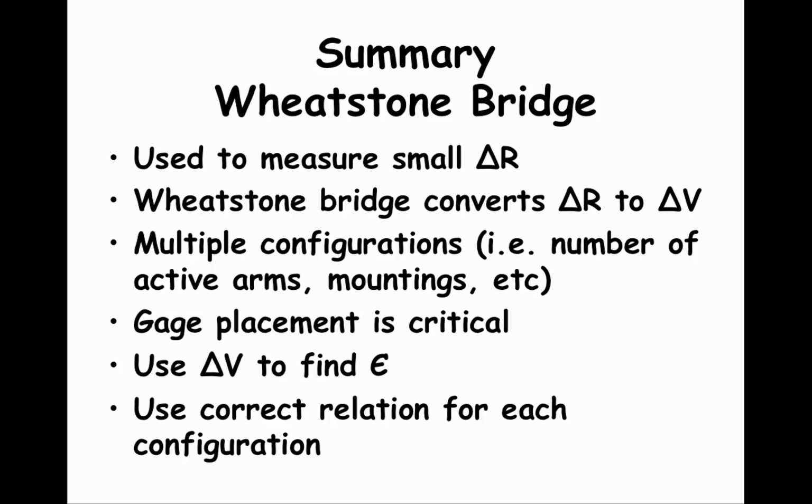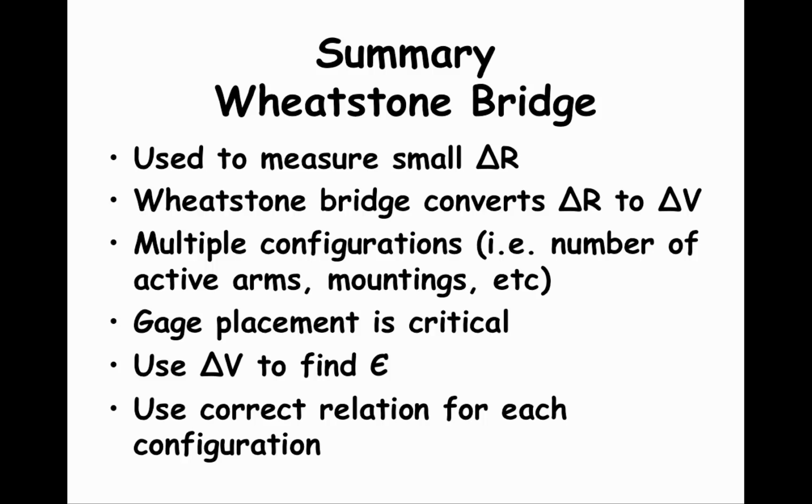To summarize this lecture, Wheatstone bridge is used to measure small resistance change, delta R. The resistance change is converted to voltage change by the Wheatstone bridge as input to data acquisition units such as PDAC55. The voltage change is used to find the strain, epsilon.